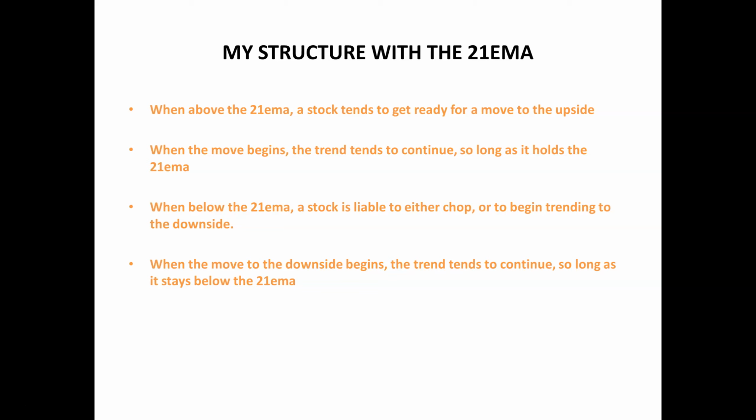Now, when a market or a stock is below the 21 EMA, that is when, guys, things are liable to get either a little bit choppy or a little bit ugly to the downside. And in the event that we do begin to move towards the downside, that trend tends to continue as long as we're underneath the 21 EMA. So, simple way to look at it, above the 21 EMA is potentially bullish, below the 21 EMA is potentially choppy or pretty damn bearish.